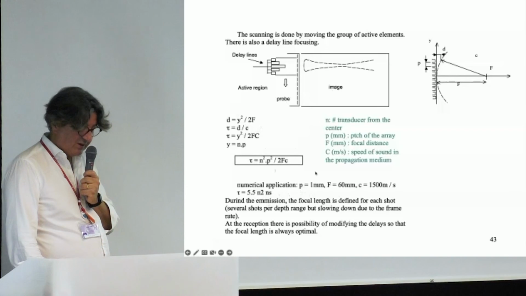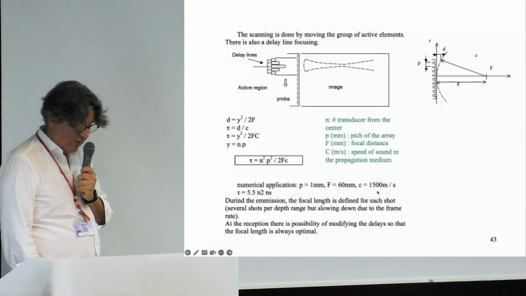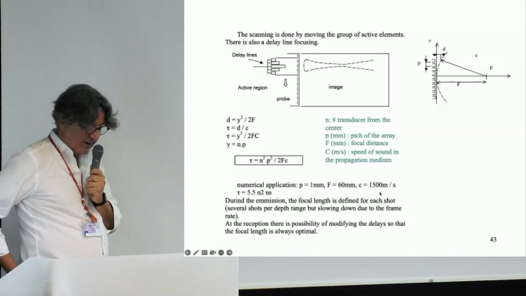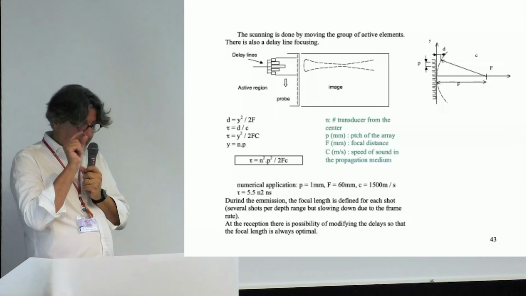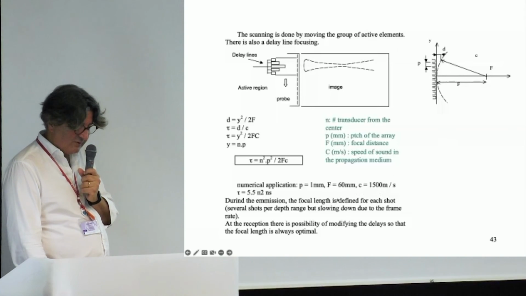If you have a pitch of 1 millimeter and you want to focus at 60 millimeters with a celerity of 1500 meters per second, then the time delay unit would be 5.5 nanoseconds.